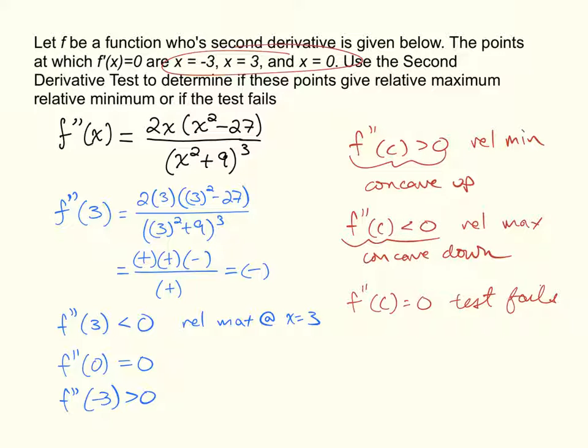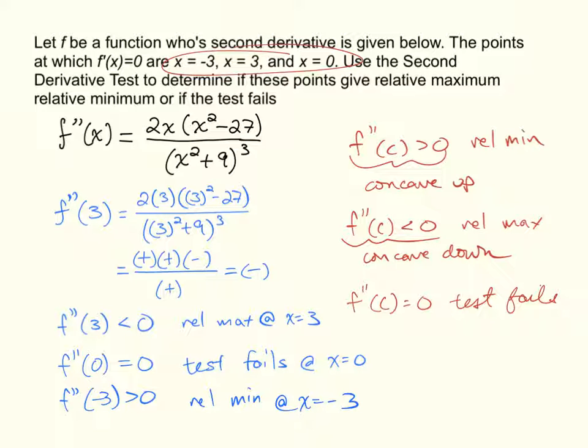So using the second derivative test over here on the right side of the screen, since the second derivative of 0 gives 0, that means the test fails at x equals 0. And since the second derivative at -3 is bigger than 0, that means it's concave up. That means there's going to be a relative min at x equals negative 3.